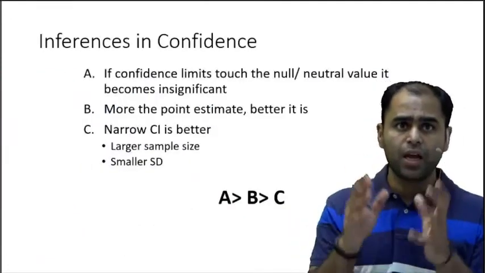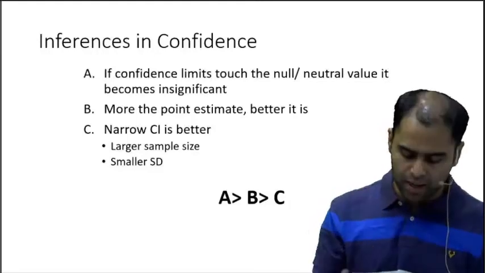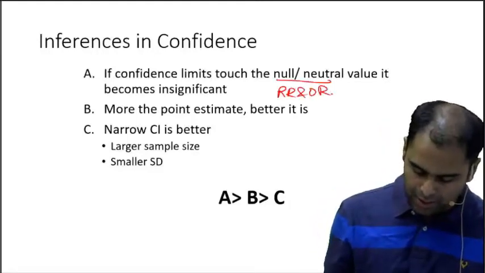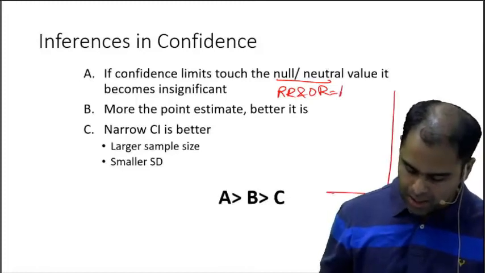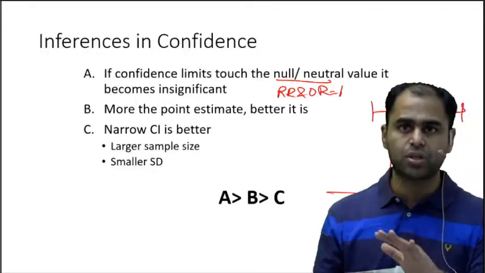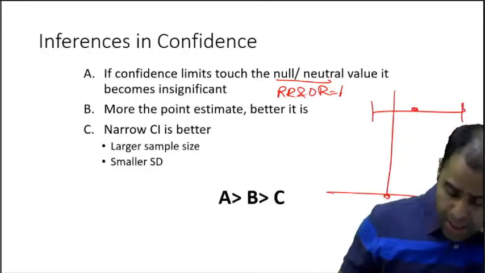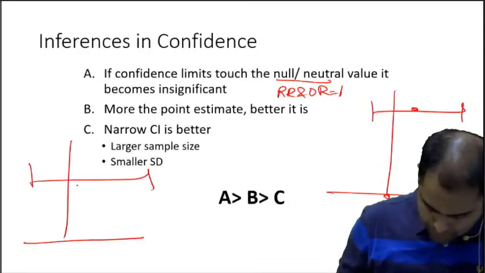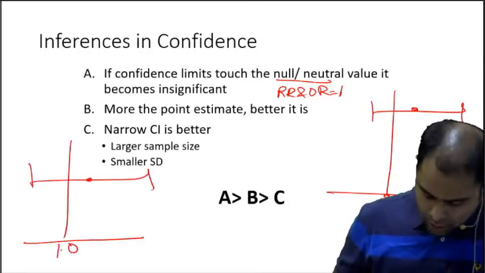Inferences. If the CI touches the null value, now what is the null value? RR and OR equal to 1. So suppose I say this is 1. There is a study which has touched it, finished, insignificant. Yes, it is insignificant. Okay, I better draw it here. Rule 2.